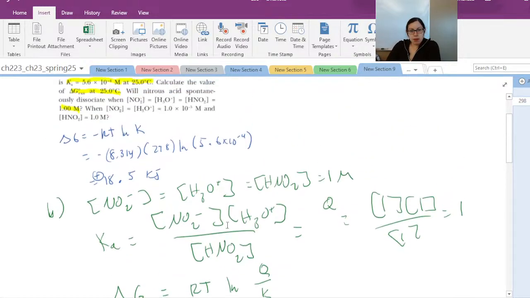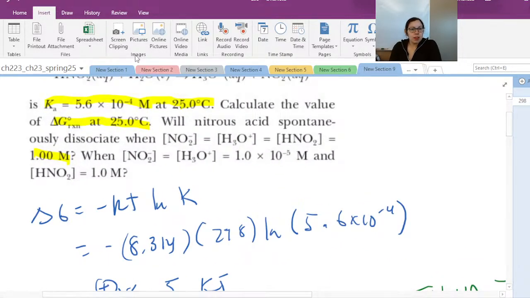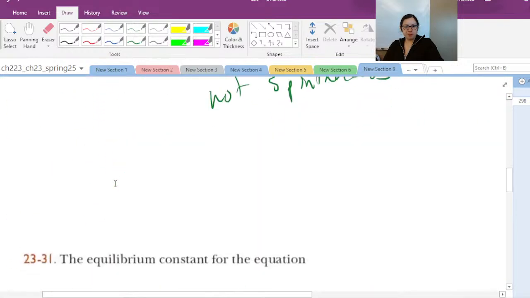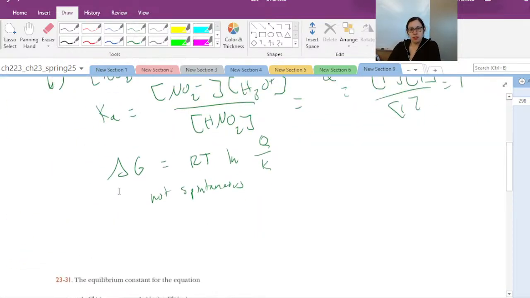And then we can repeat that. So then it says for the second scenario, our conjugate base and our acid are 1 times 10 to the negative 5th. And our nitrous acid is 1 molar. So now we can repeat that process, right?